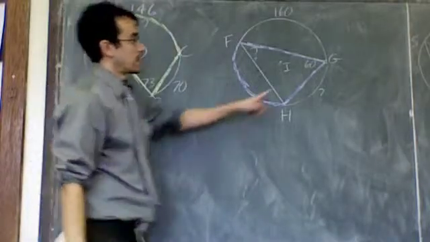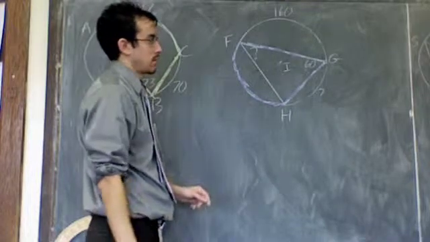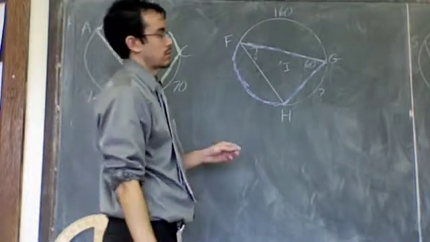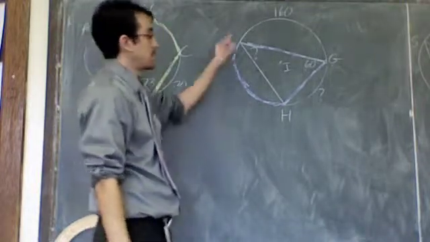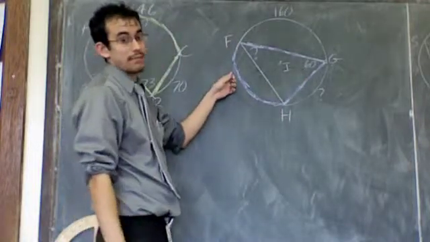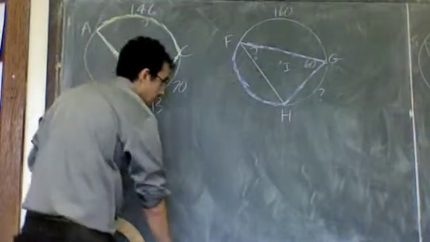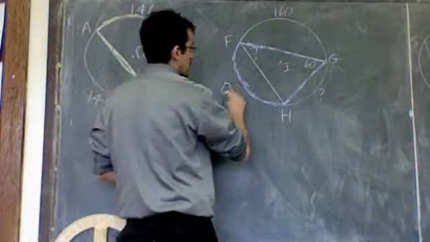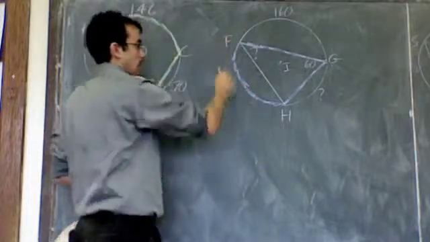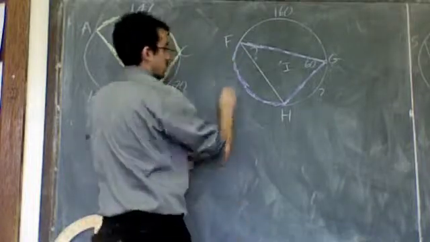This is the inscribed angle, and this is the arc that it's intercepting. The inscribed angle is half of the intercepted arc. So if this is 60, I need to ask myself what number, when I take half of it, gives me 60. If you multiply this by 2, you get the correct arc. 60 times 2 is 120. So I know that arc FH is 120.